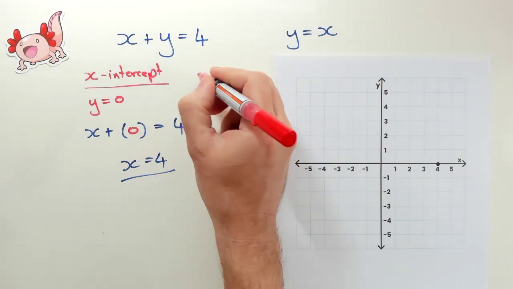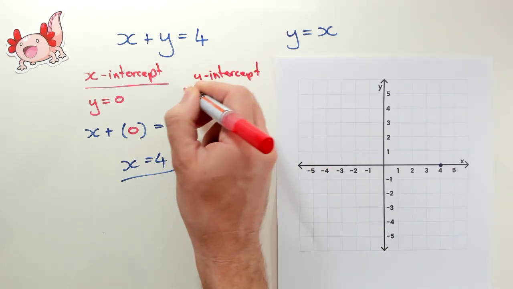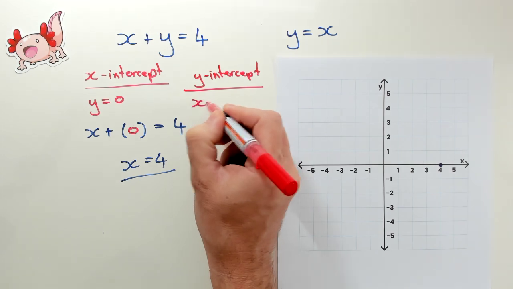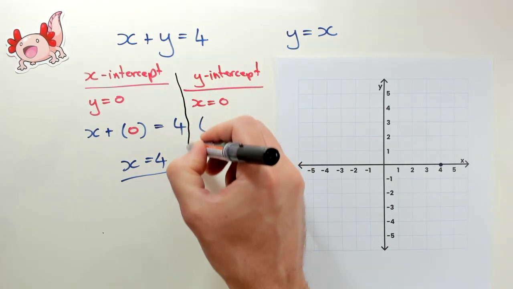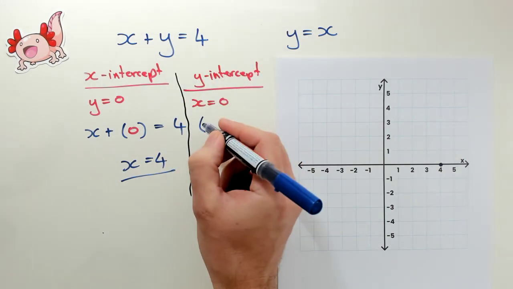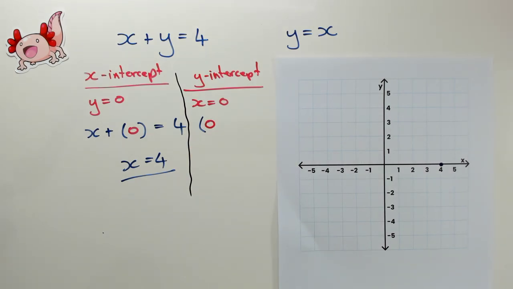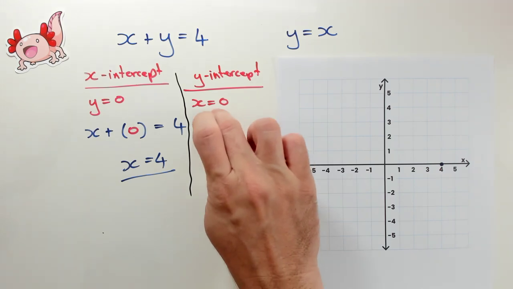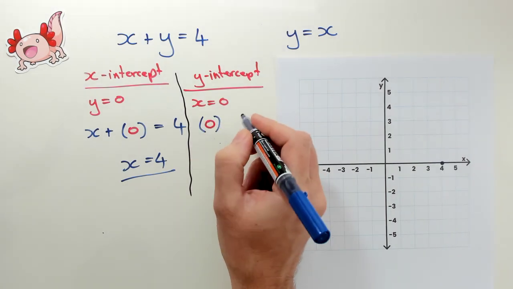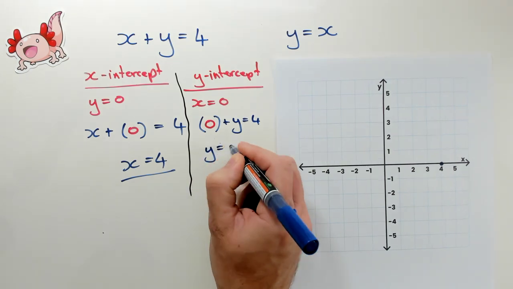And for my y-intercept, I'm going to make x 0. I'm making x 0 this time because I'm looking for my y-intercept. Oh wait, I'm just confusing the colors. Sorry, guys. There we go. Plus y is equal to 4, and then y is just equal to 4.